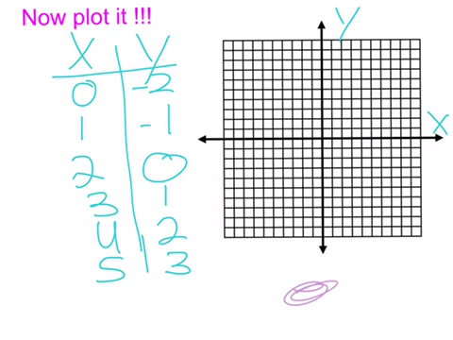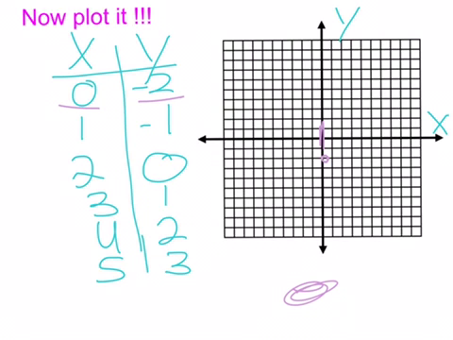To plot it, I will show you how. It will go across 0 and then up or down 2. The 0 axis is this one, so at 0, we go down to negative 2.